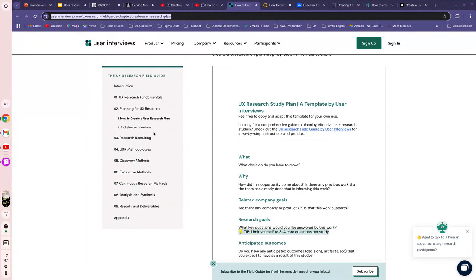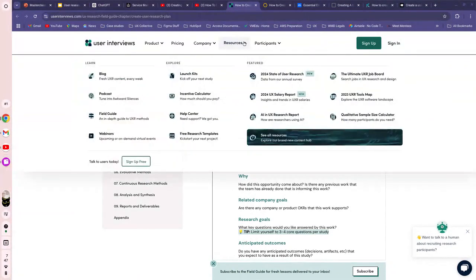They have a lot of templates, by the way, if you're looking for resources. If you find yourself in a team where you need a lot of templates to carry out different types of research activities, User Interviews has loads of templates and information that can help you get started without starting from scratch. All you have to do is come here and go to Launch Kit.